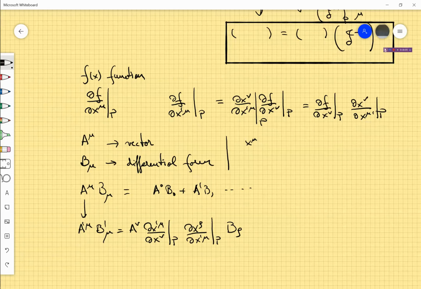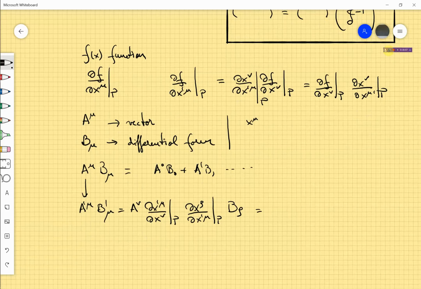Okay, we could have written also j mu nu a nu at point P and b rho j minus 1 rho mu at point P. Okay, the order doesn't really matter.